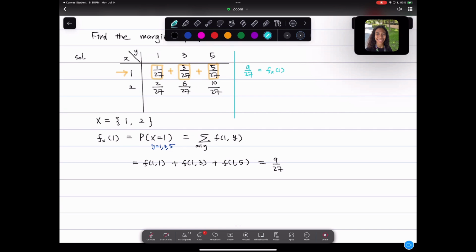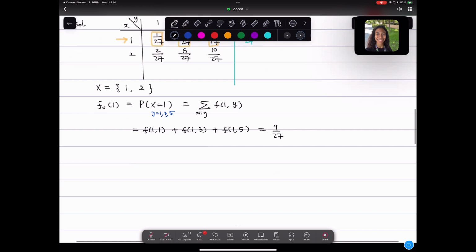Nothing more than that. So in that sense, I can do the same thinking for the x value of 2. So x has to be fixed at 2, but your y value can be 1 or 3 or 5. So adding all these probabilities, x has to be 2, but I'm having all these other y values, add them up all together.